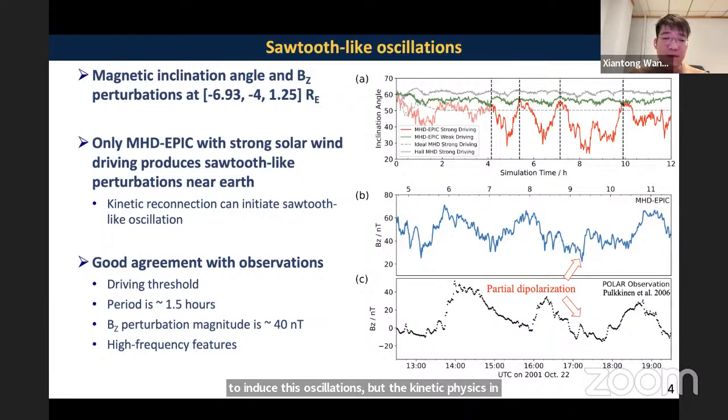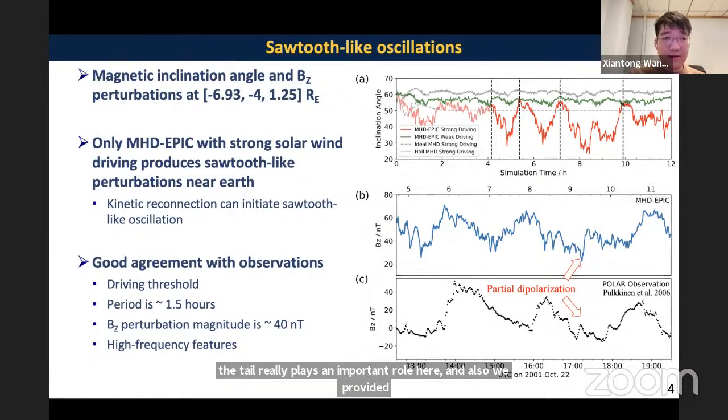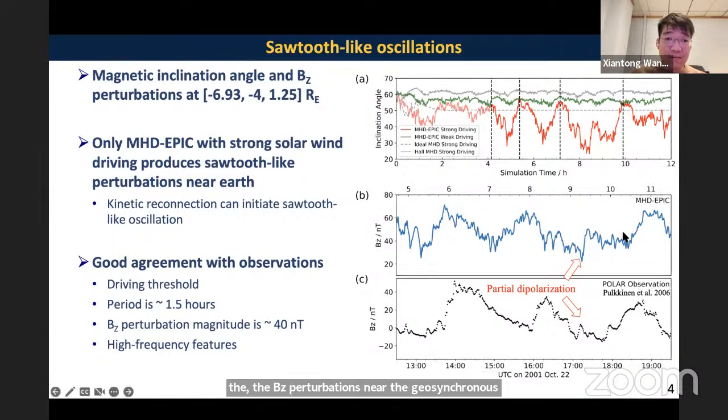And we also provided the BZ perturbations near the geosynchronous orbit. The upper panel is the MHD-AEPIC results, and the lower panel is the Polar observation. Their absolute values are different because we are extracting BZ from a different latitude, but overall the perturbation magnitude is about 40 nanotesla, which is about the same as the observation.